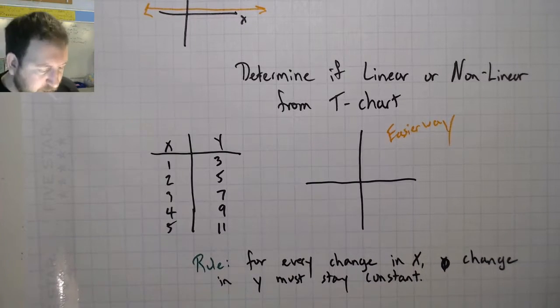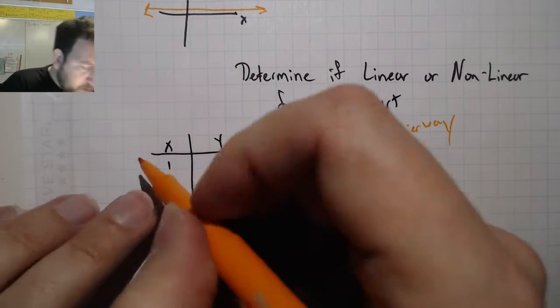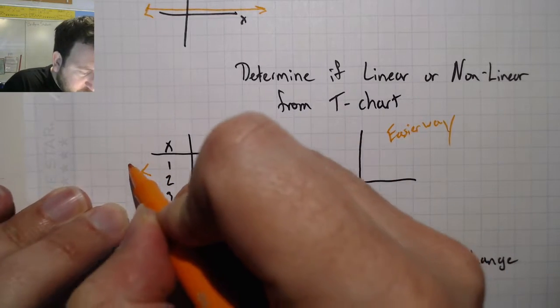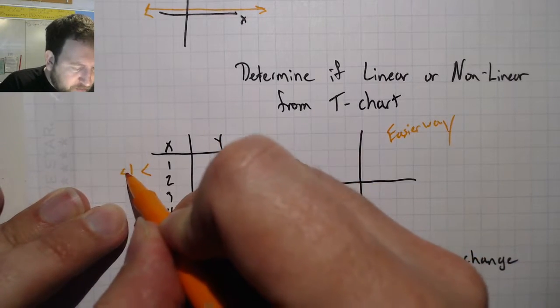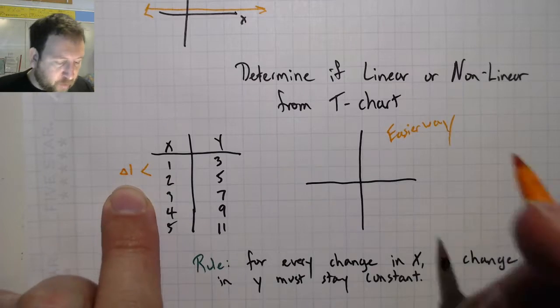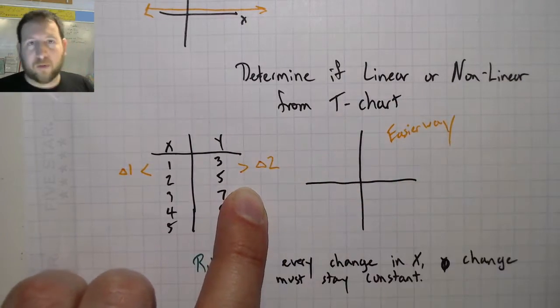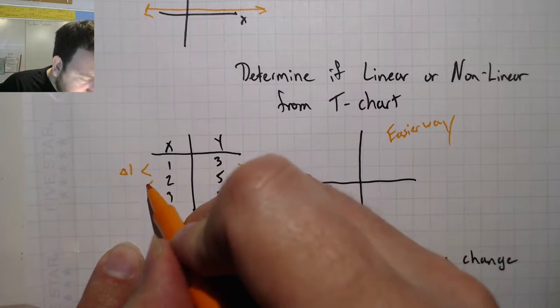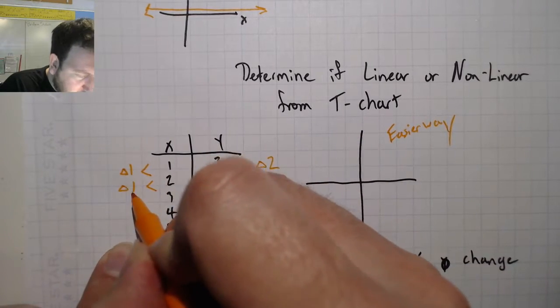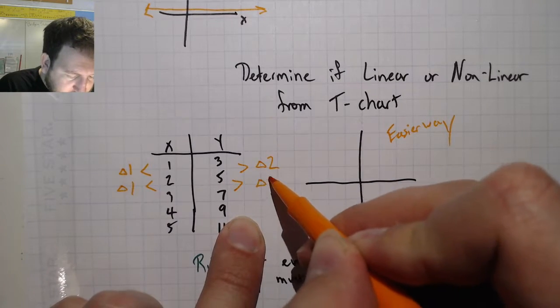Okay, so what I can do is I can notice that, well, from here to here, it changed 1. And I can even write my little triangle, which is a Greek delta, which means change of 1. And I can see over here that there was a change of 2, okay? From here to here, there was a change of 1. Here there was a change of 2.